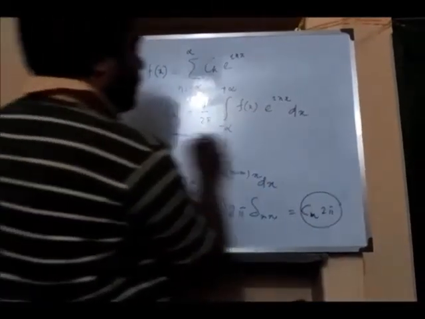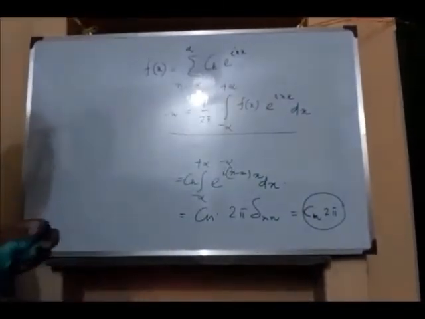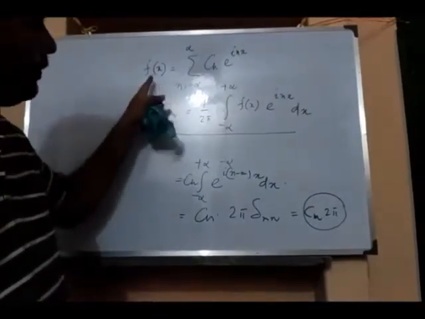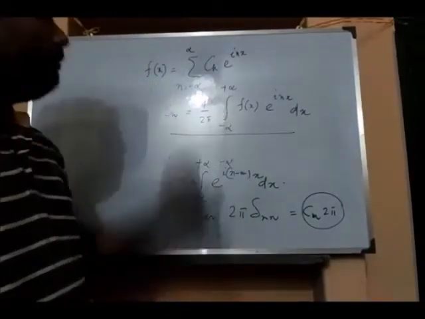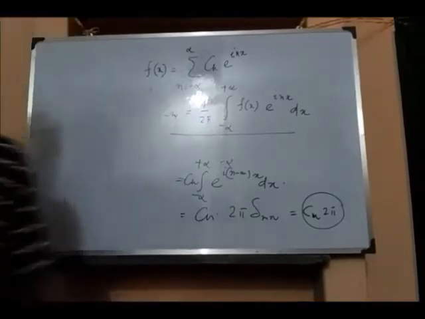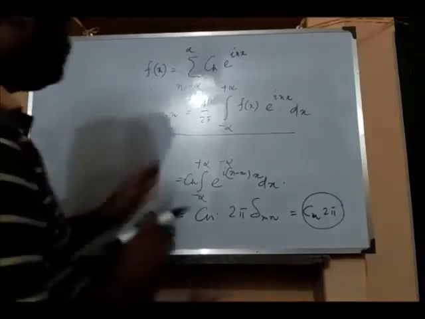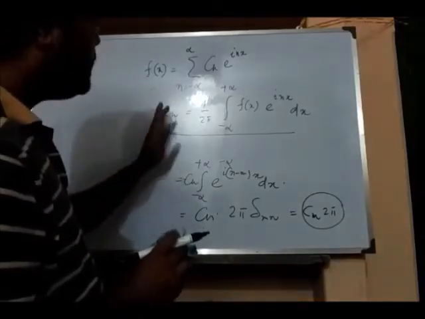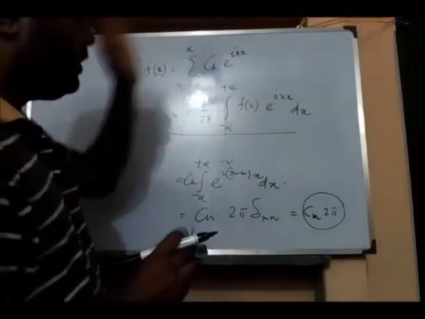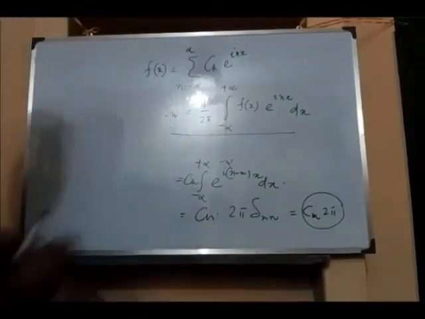So in this way you can calculate the coefficient of a Fourier series in complex form. First we change the Fourier series into complex form, and then you can calculate the value of this coefficient, assuming f(x) in complex form.